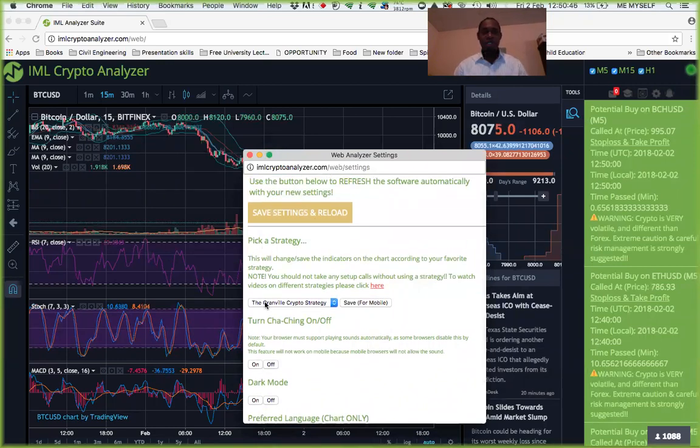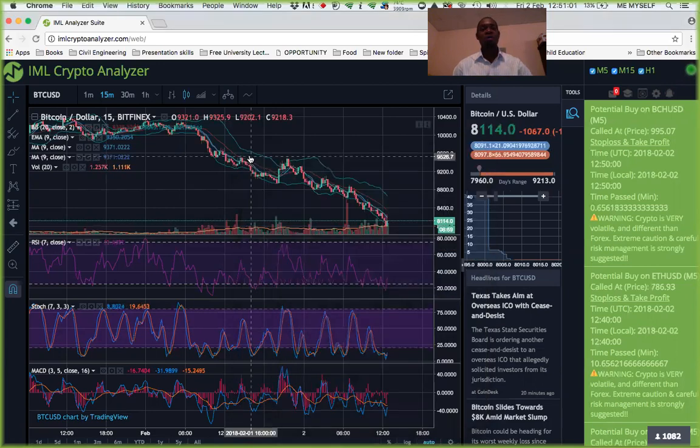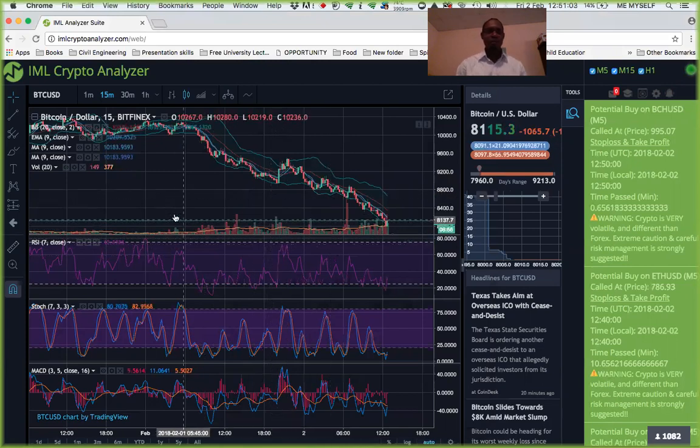So if you pick strategy here, there's the Granville crypto strategy. You can click on that and save it. And then you could change your background to dark or light if you wish. I prefer dark, and just hit save and load. Good, which is what we have on the screen at the moment.